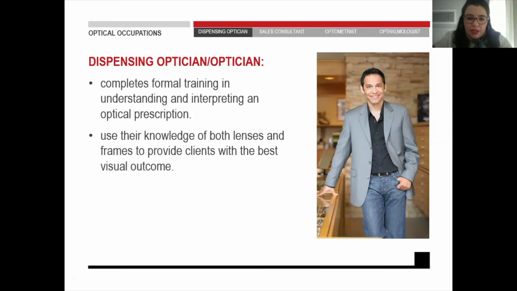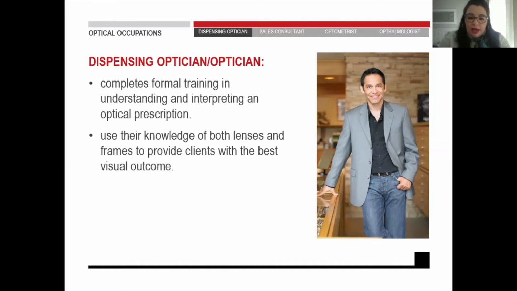They use their knowledge of lenses and frames to calculate different lens thicknesses and sizes, taking measurements so that the patient gets the thinnest lens possible and can have the biggest reading area, etc.